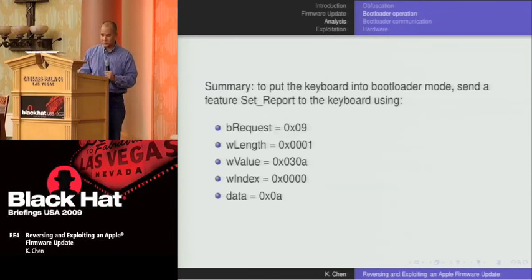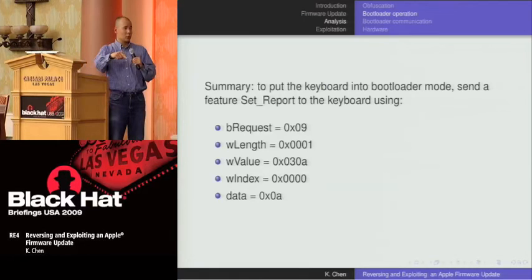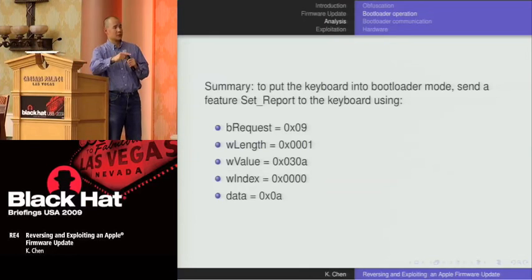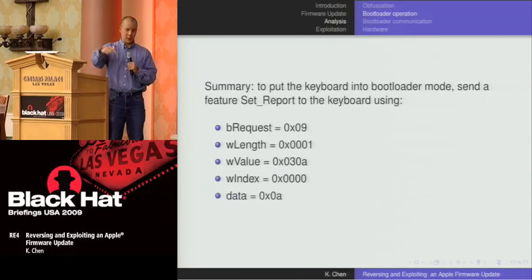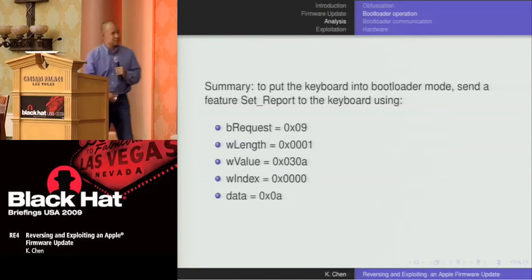All right. So in order to put the keyboard into bootloader mode, we have to send this feature set report, and this is something that Apple cannot hide. We can have a USB sniffer in line with the keyboard and the host. We can see all of this. I just happen to do it in software.